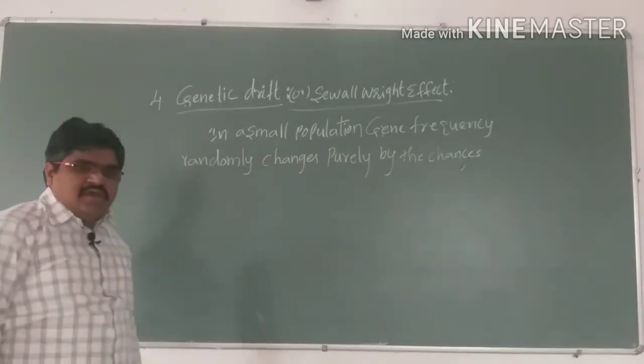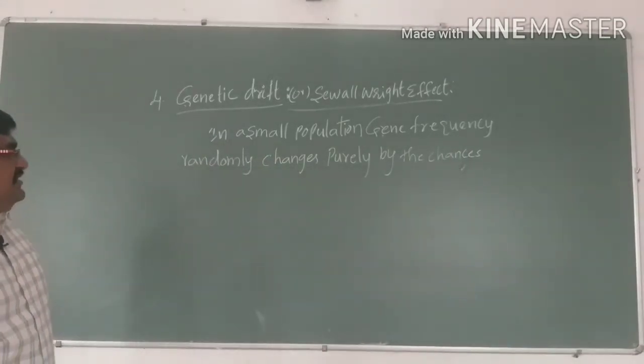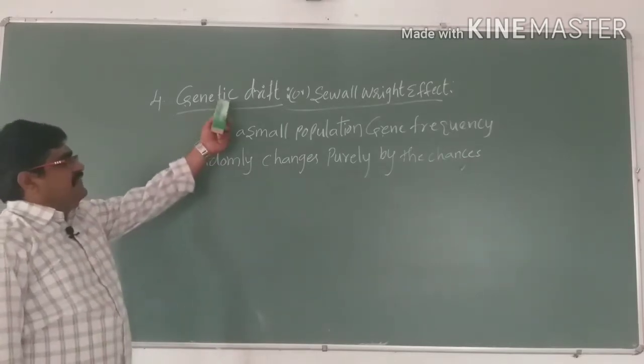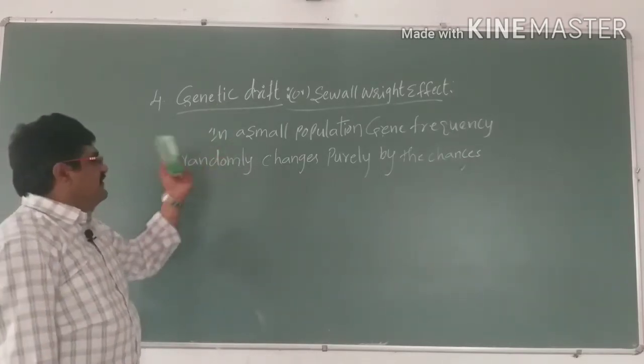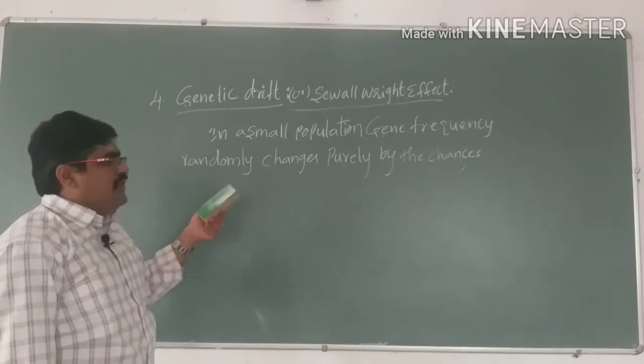This process we call genetic drift. That means in a small population the gene frequency randomly changes purely by chance.